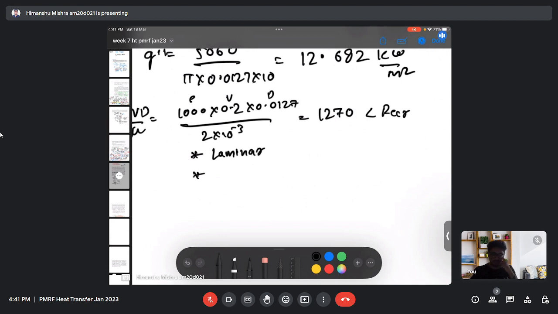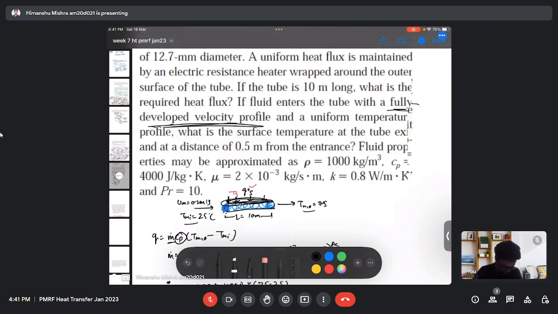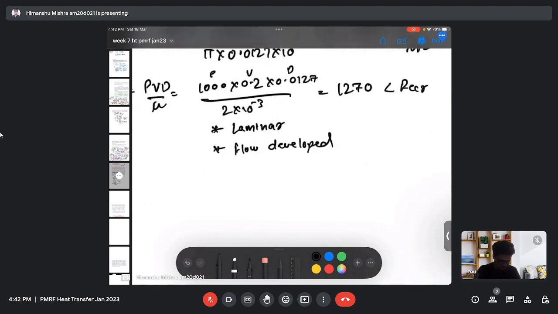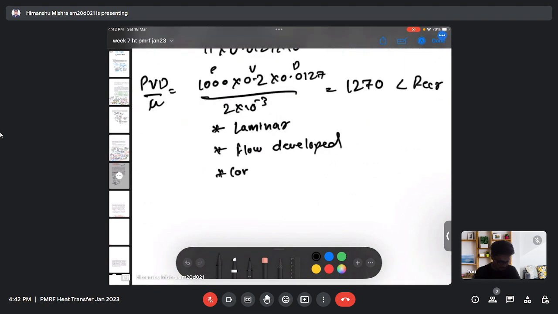And from the question, it is fully developed and it is a constant heat flux problem. So we have to use the Nusselt number correlation which is suitable for all these three conditions.